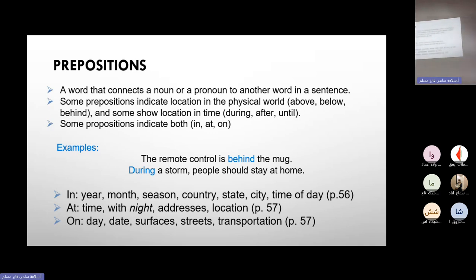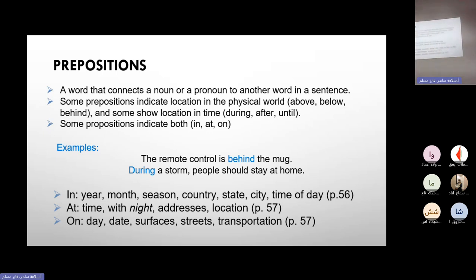Some prepositions indicate location, مواقع. Some indicate time. To indicate location are above, below, behind; for time, مثلا during, after, until. Some prepositions indicate both: in, at, and on.